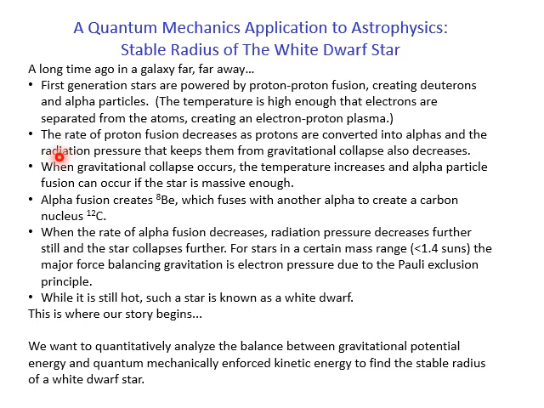And the radiation pressure that keeps them from collapse, so we're generating a lot of heat and we've got optical radiation that pushes outwards, that radiation pressure begins to decrease as the star temperature decreases and the rate of fusion decreases.